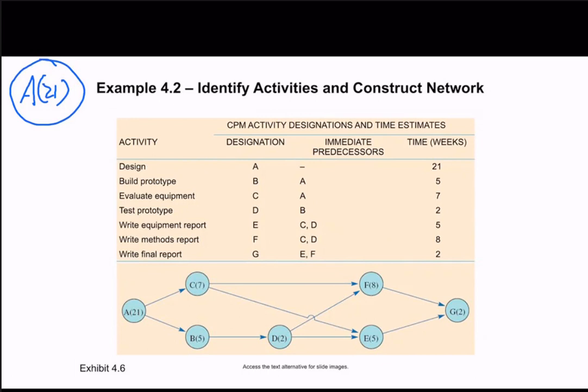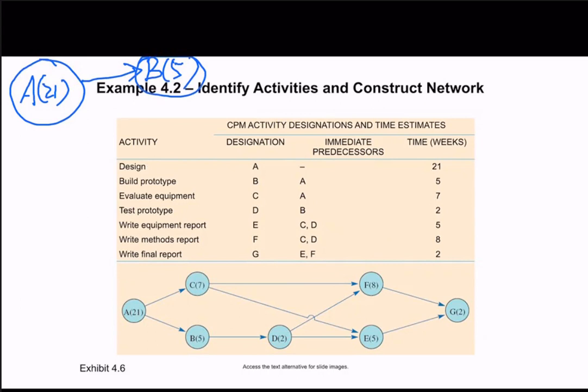Then we move to the next one, B. B takes 5 weeks, and the immediate predecessor is A, so we use an arrow to stand for the sequence. A is the former activity for B, and we move to the next.